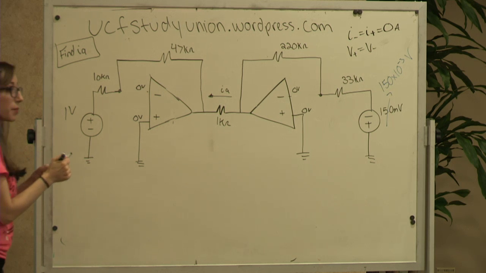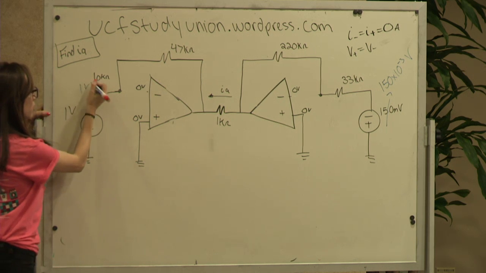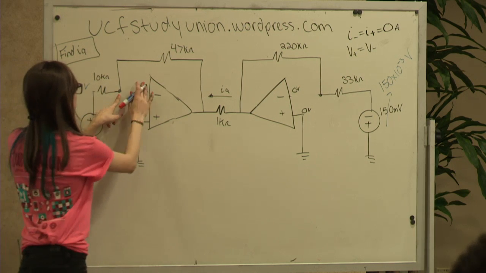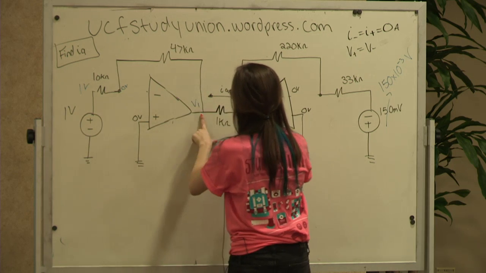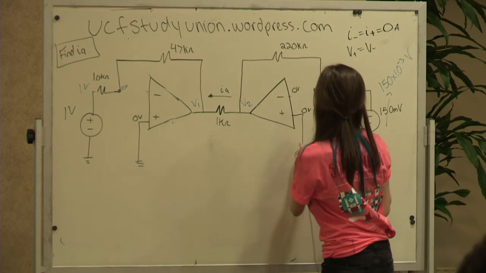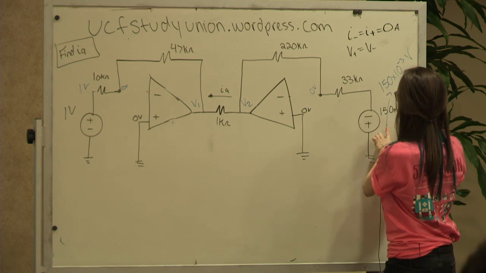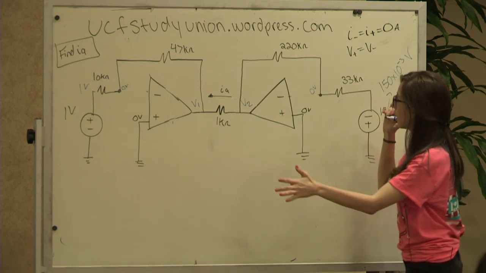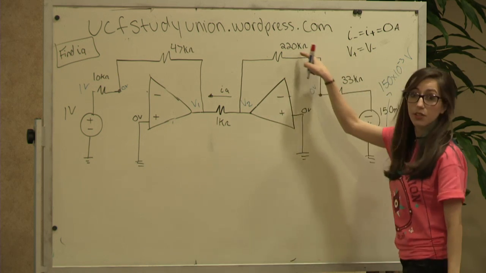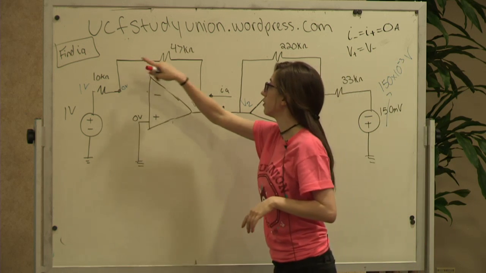And so you said label the node voltages. We know this is 1 volt. We know this is 0. We can call this V1, V2. Likewise, this is 0, this is 150. These are in series, and this is in series.